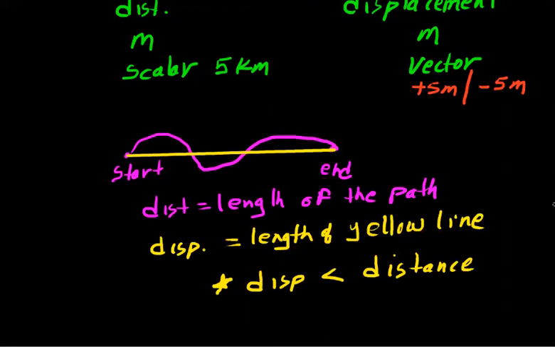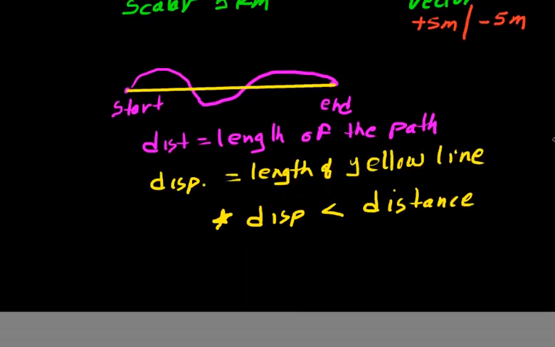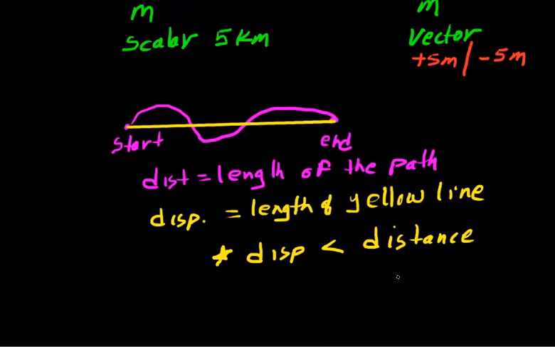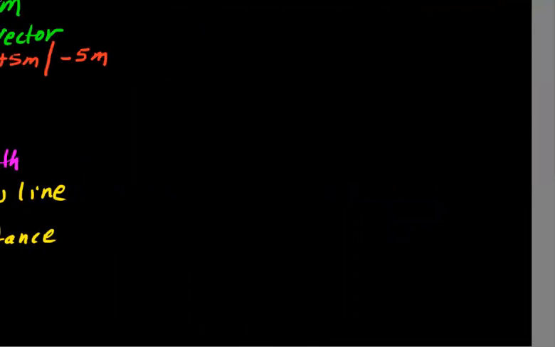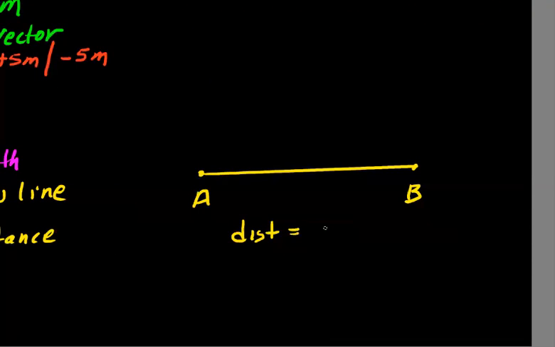Now let's look at the other scenario. If a body travels in a straight line, let's say body starts from A and it goes to point B. Now the body is traveling in a straight line, so the road is pretty much straight from A to B. Now in this case over here, distance will be equal to displacement.